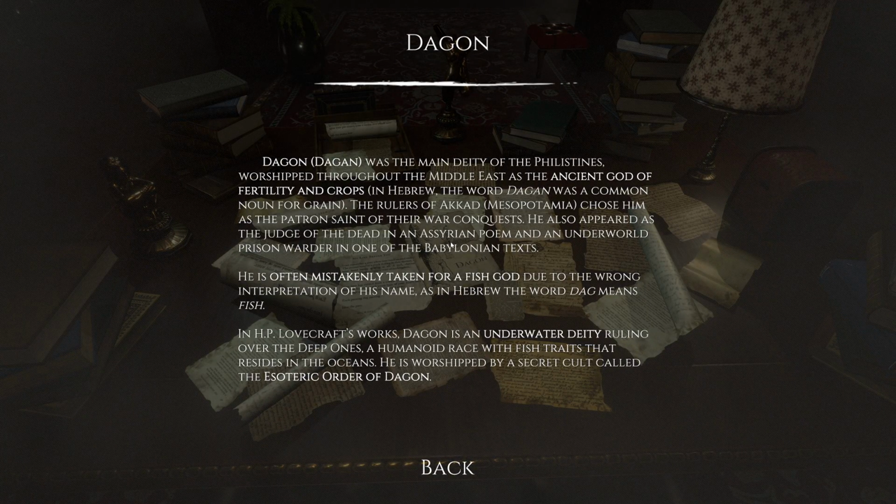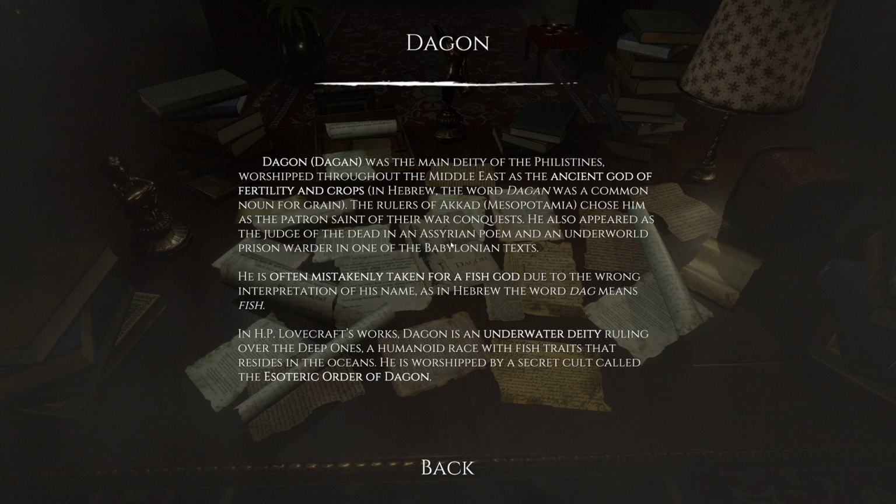I'm still gonna pronounce it Dagon. He was the main deity of the Philistines, worshipped throughout the Middle East as the ancient god of fertility and crops. In Hebrew, the word Dagon was a common noun for grain. The rulers of Akkad, Mesopotamia, chose him as the patron saint of their war conquests. He also appeared as the judge of the dead in an Assyrian poem and an underworld prison warder in one of the Babylonian texts.